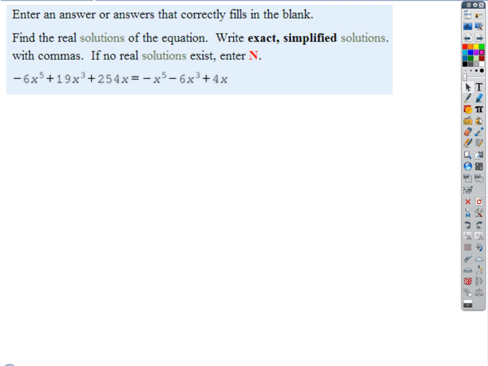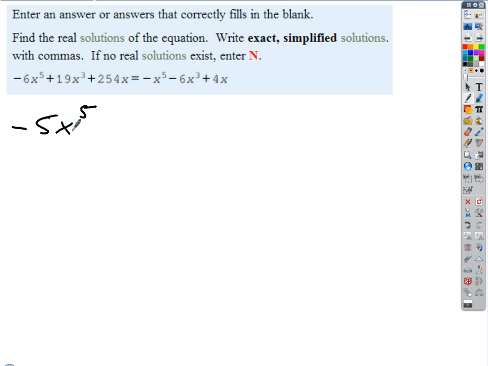Okay, so what do we do here? Combine like terms. Which side should we probably put everything on? Well, right might have been way better, because then I could get a positive leading coefficient. Well, that's okay, we'll go left. So if I add x to the 5th, I'm going to get negative 5x to the 5th.